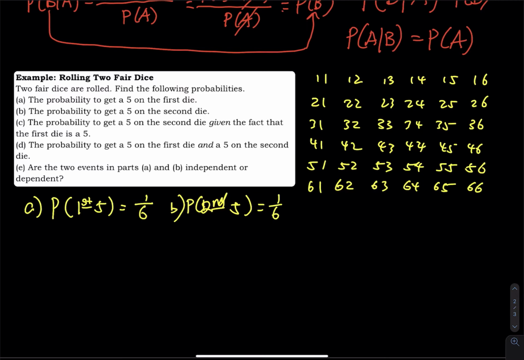And then C, the probability to get a 5 on the second die given the fact that the first die is a 5. So you already know that the first die is a 5. You are looking for the probability that the second die is a 5.